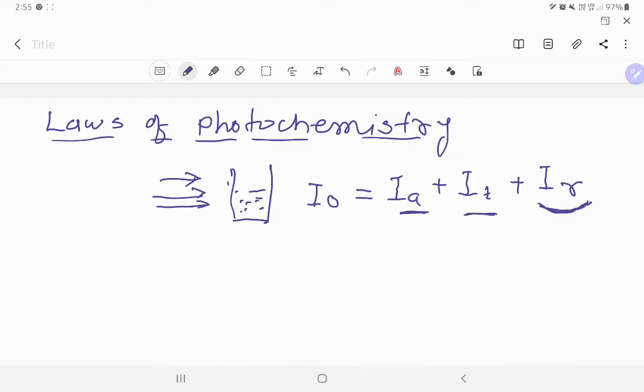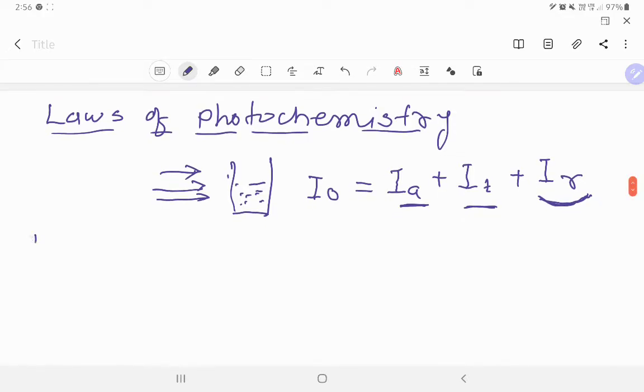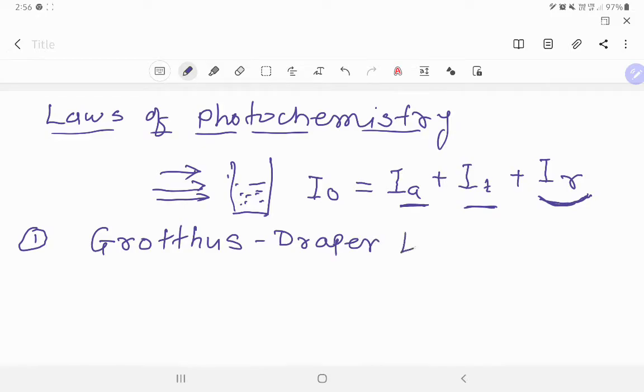Now, the first law of photochemistry is also called the Grotthuss-Draper law. A very simple statement.